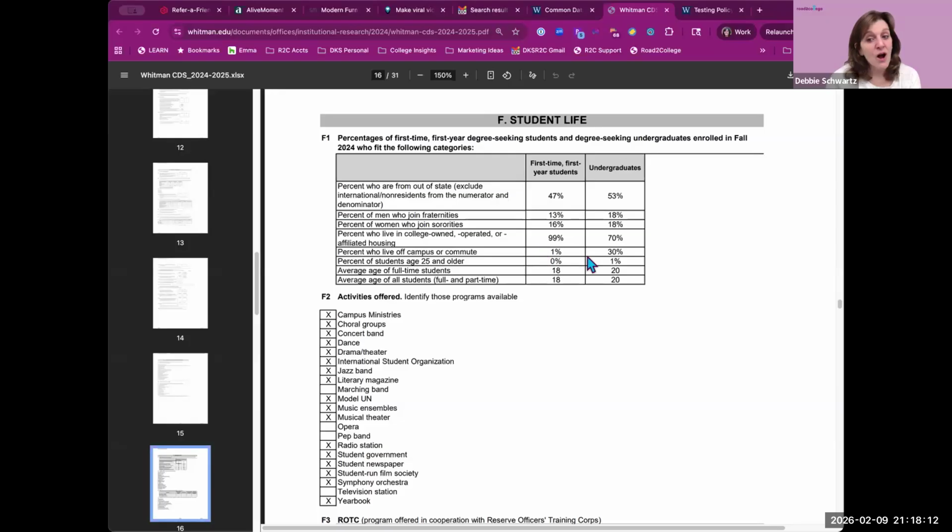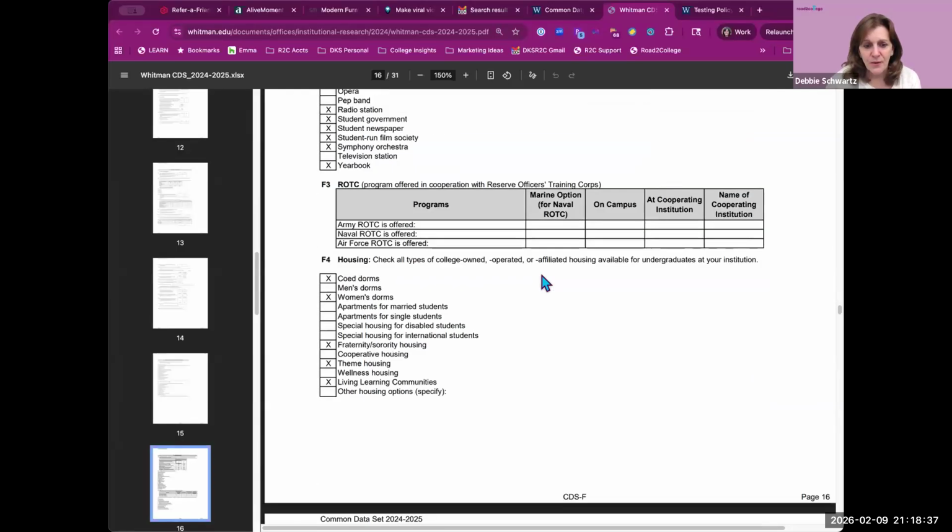Also, how many students are living on campus versus off campus. So obviously, in this case, a lot of freshmen are living on campus, because only 1% is living off. But as they get into their upperclassmen years, they start to move off. But 30% isn't that high. So the majority of students are staying on campus. Okay.